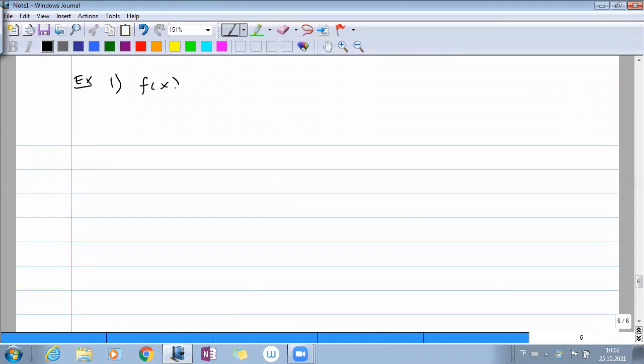Consider this function. It is defined to be x squared plus 1 if x is less than or equal to 1, and 3x if x is greater than 1.